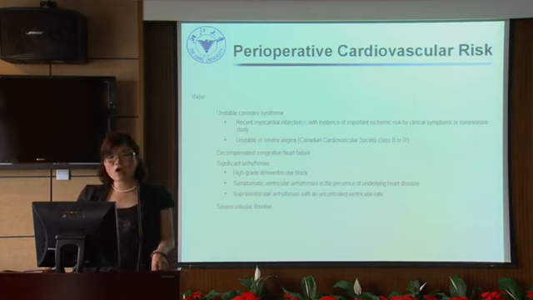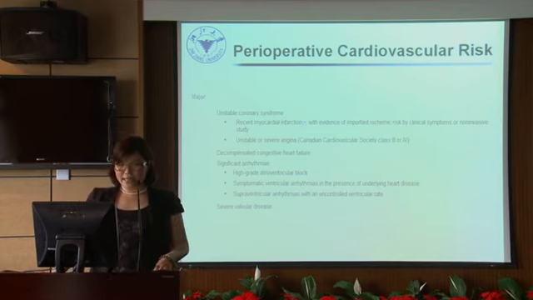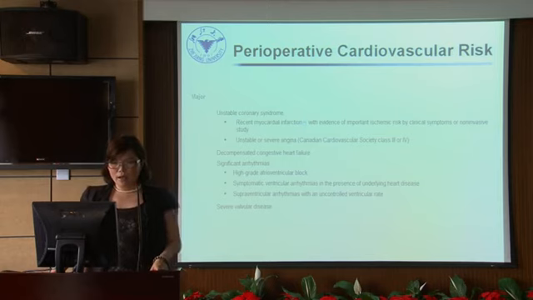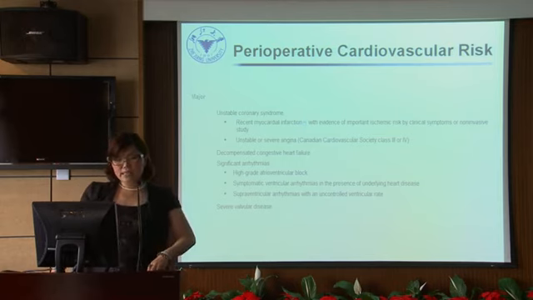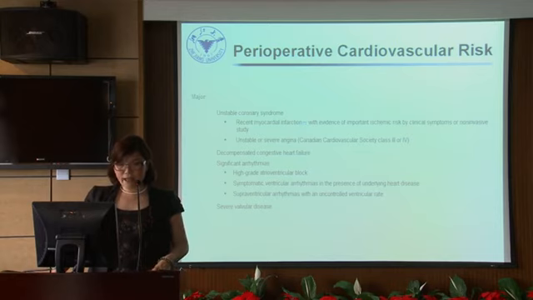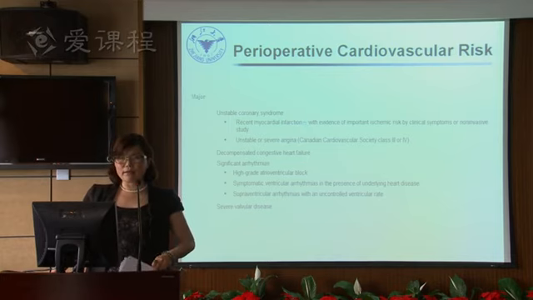One is unstable coronary syndrome, the second is decompensated congestive heart failure, the third is sudden and significant arrhythmias, and the fourth is severe valvular disease. If a patient has this kind of disease, we should delay the elective surgery.